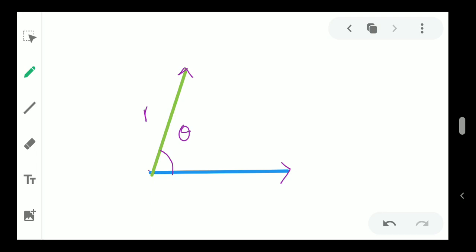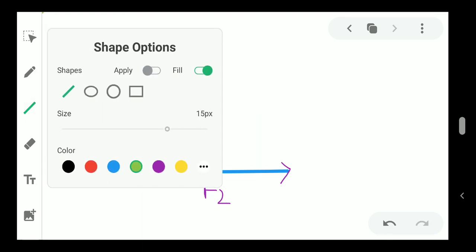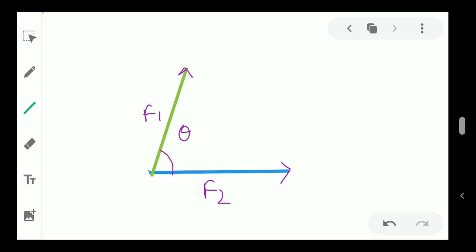For these two vectors, it's better to talk about force, because with force it is easier to understand. If this is my F1 and this is my F2, they will create a resultant force. That means these two vectors will add up and create a total force. Let's say I don't know the value and direction of the resultant force, so I'm keeping it somewhere in the middle.